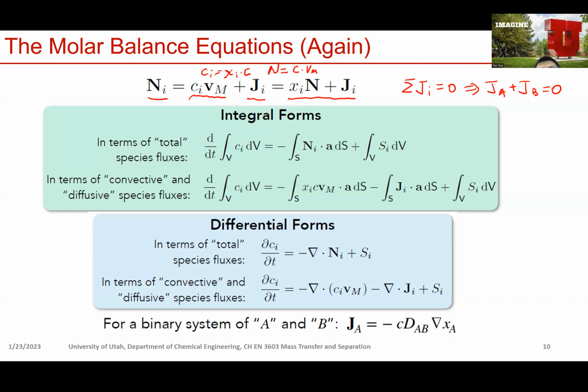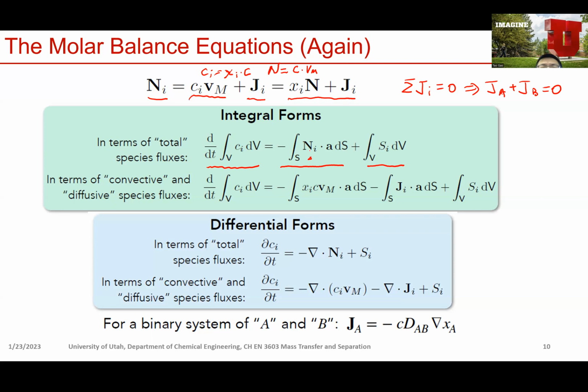Then we can plug this equation into the mole balance equation, both in the integral form and the differential form. In the integral form, we have the mass accumulation equal to the summation of the net flux plus net reaction. Now, the net flux is the surface integral of the total molar flux over the whole surface of your control volume.